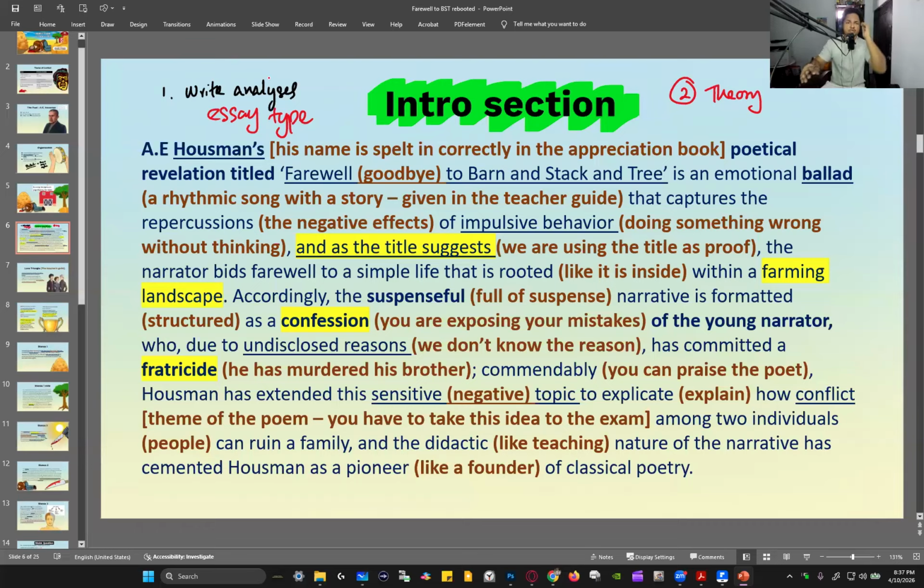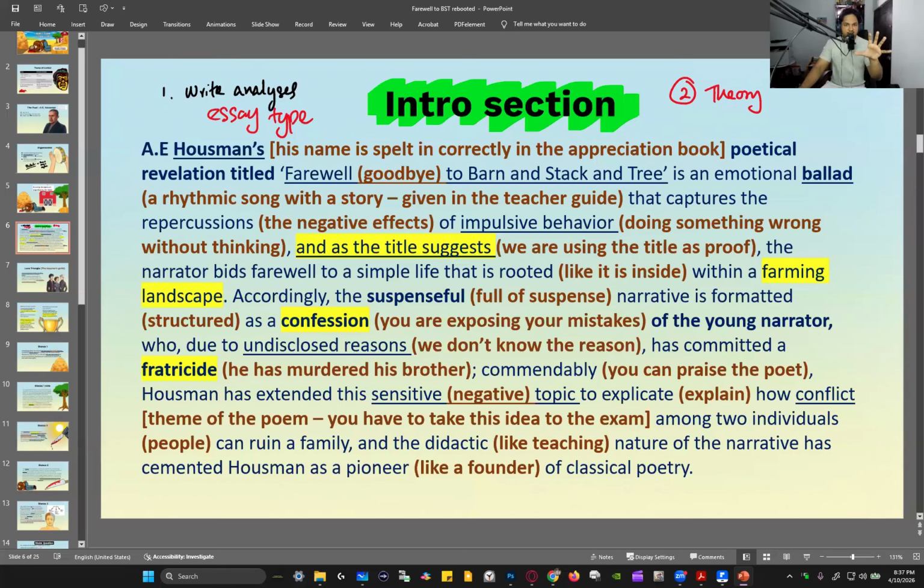Number 2, you can learn theory from this intro section. So you're killing 2 birds with 1 stone. It's like marrying 2 wives in 1 wedding, right? Look how economical. See, Javed sir is teaching you a lot of valuable things today.